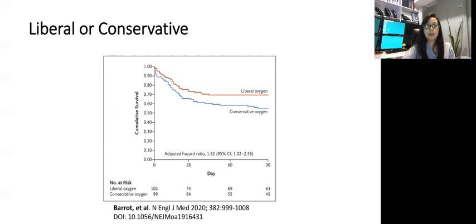Although higher mortality in the conservative group did not reach statistical significance at 28 days, mortality at 3 months was significantly higher in the conservative group.